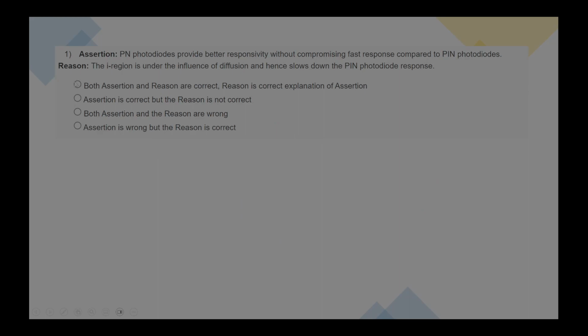So this is question number one. Question number one is saying the assertion: PN photodiode provides better responsivity without compromising fast response compared to PIN photodiodes. And the reason given is that the response is under the influence of diffusion and hence slows down the PIN photodiode response.